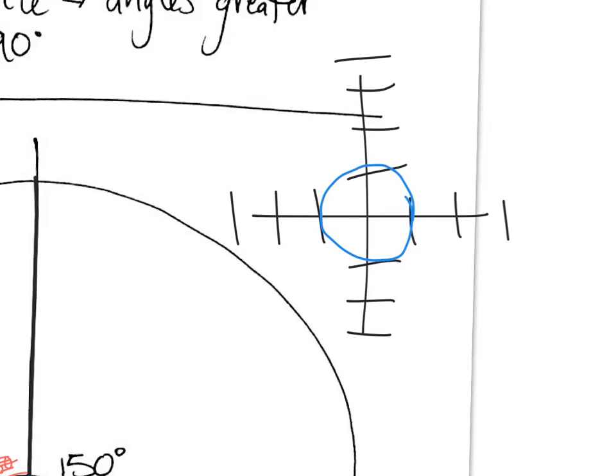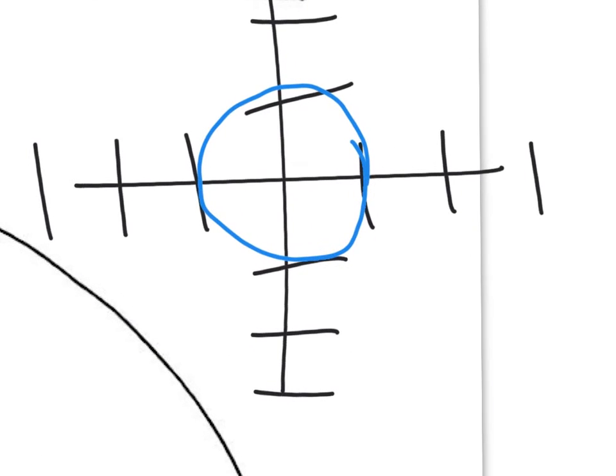So keep in mind that if we're talking about a point, I'll zoom in even further, keep in mind that if we talk about a point over here, our x-coordinate is negative and our y-coordinate is positive. I'll say that again. Our x-coordinate is negative and our y-coordinate is positive for a point over here.